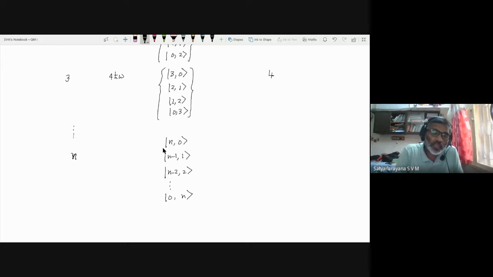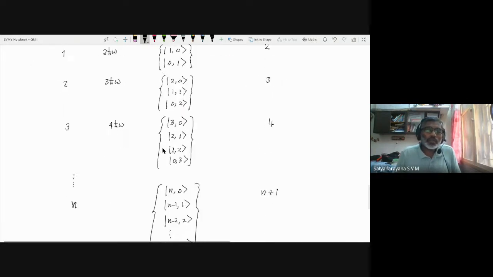How many of them will there be? The degeneracy is actually n plus 1, because 1 to n is n, and there is a 0. So there are n plus 1 states.